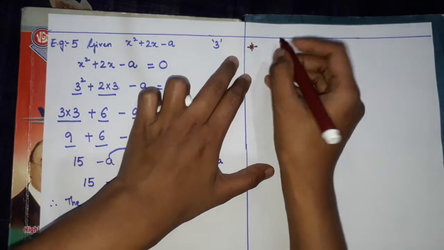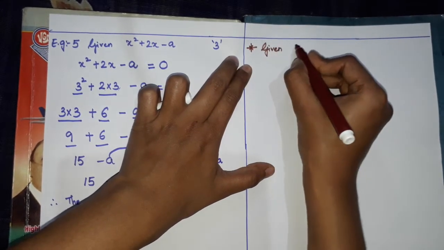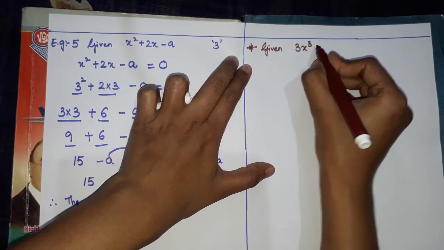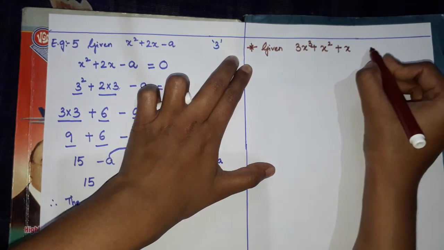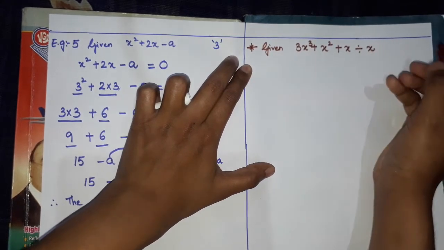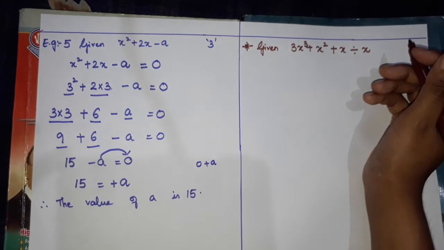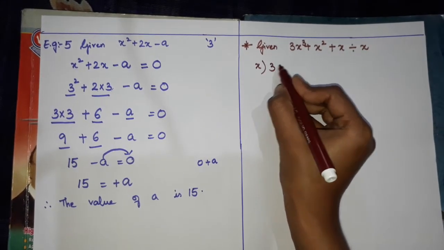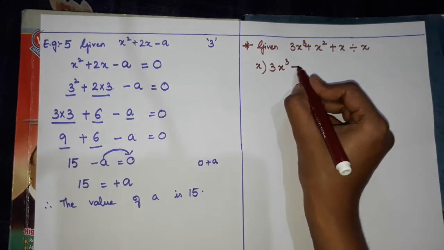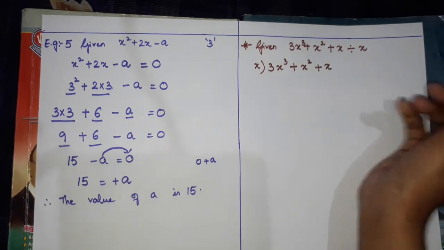It is a star question, children. Given 3x cube plus x square plus x divided by x. Okay, now see here. First x, then 3x cube plus x square plus x.